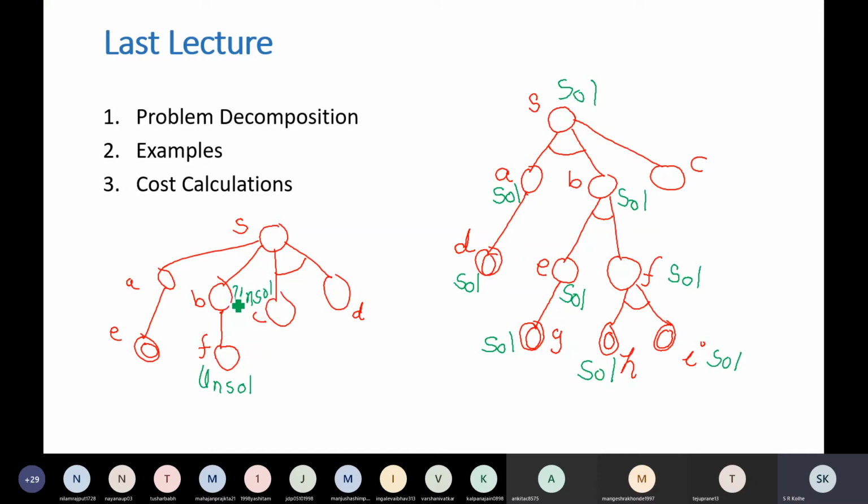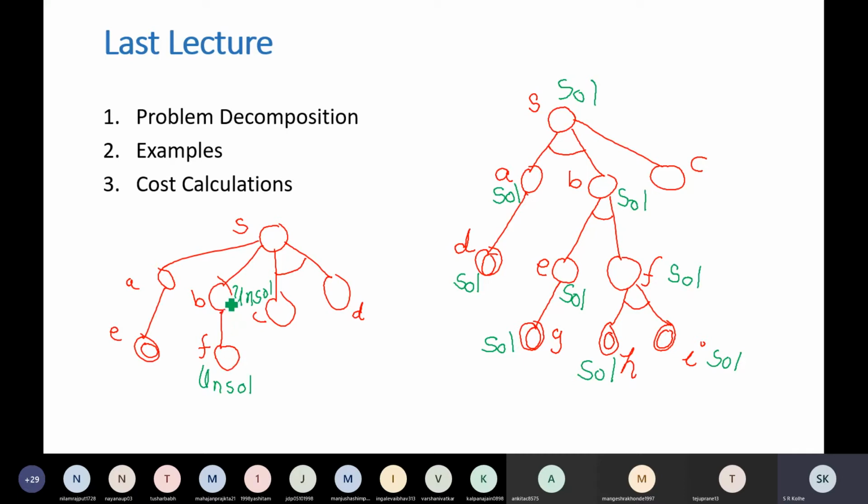So B will become unsolvable, because there is no other way that you can go to F from B. Had there been some other path to reach the goal from B, then we should not have labeled this B as unsolved. But there is only one path.